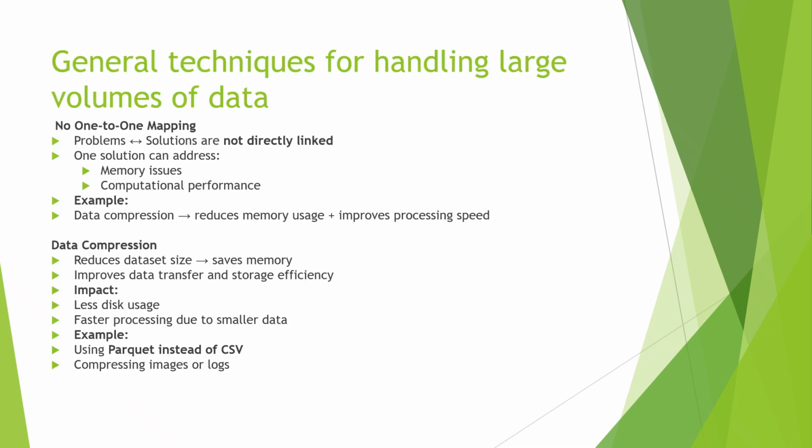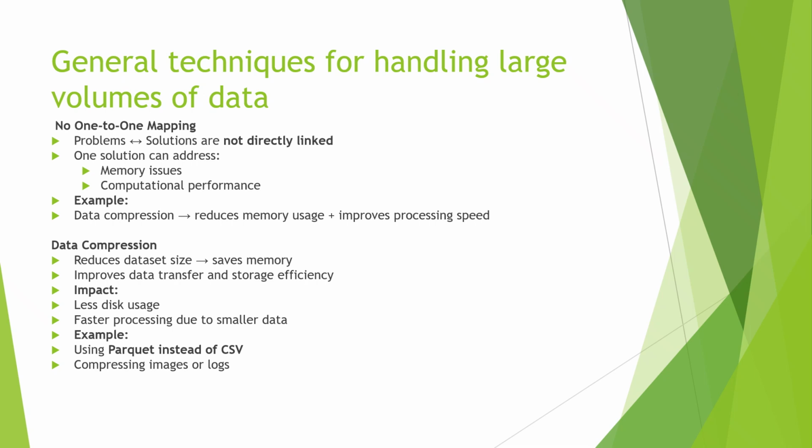In large-scale data processing, there is often no one-to-one mapping between problems and solutions, meaning a single solution can address multiple challenges simultaneously. For instance, a technique designed to reduce memory usage may also improve computational performance, making it more efficient overall. A good example of this is data compression, which reduces the size of the dataset and thereby minimizes memory requirements while also speeding up processing.